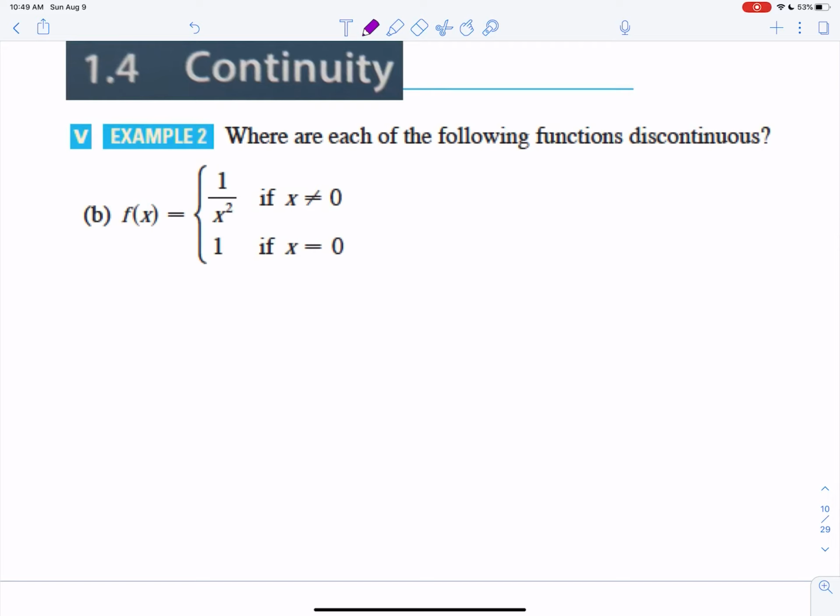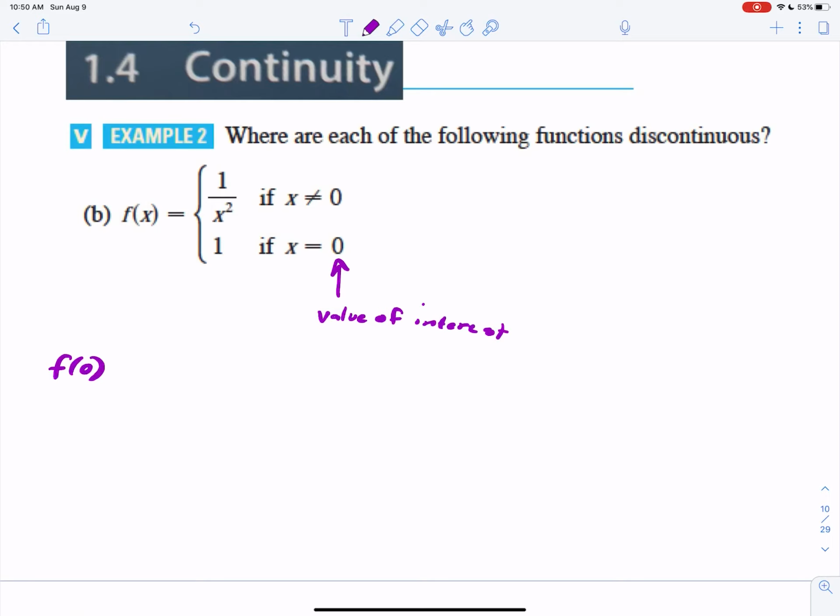Play when you're ready. So here you have a piecewise function. Usually when you're dealing with continuity and a piecewise function, the conditions, I call this the value of interest. You focus on that value. So you go down the list. Is f of 0 defined?